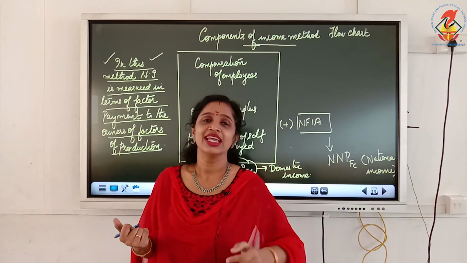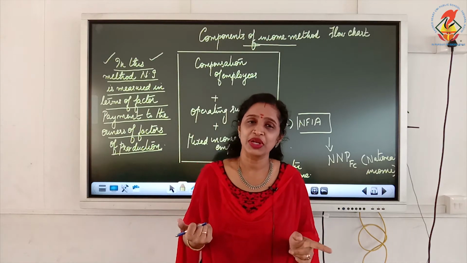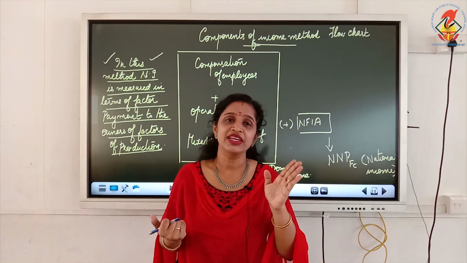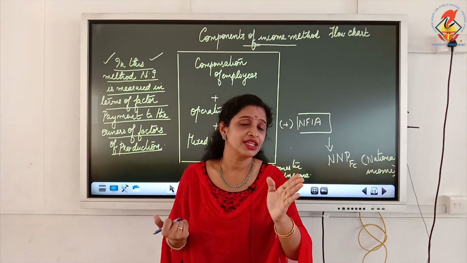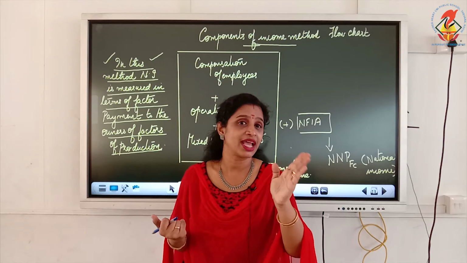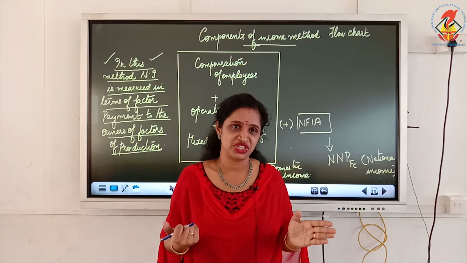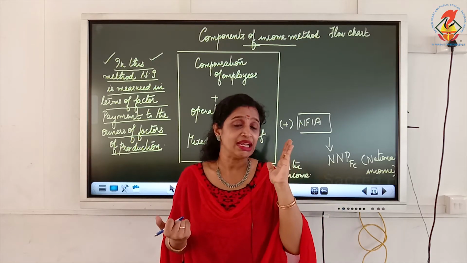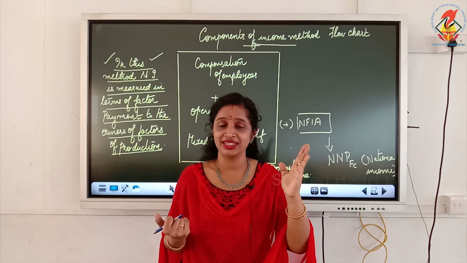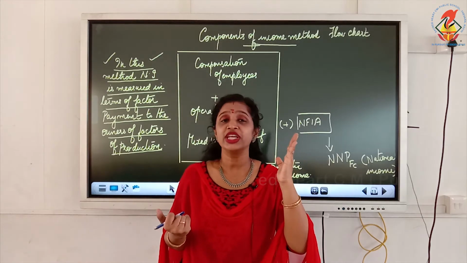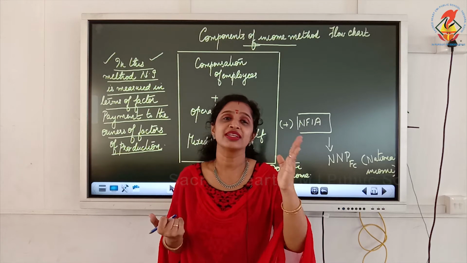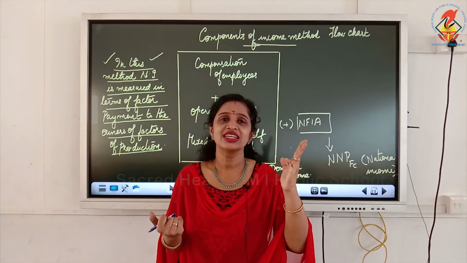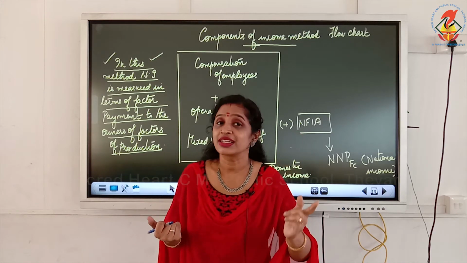So here in the income method we are calculating national income by giving importance to factor income such as land, labor, capital and organization. So once again in the income method we calculate national income by taking into consideration the factor income such as rent, wages, interest and profit.